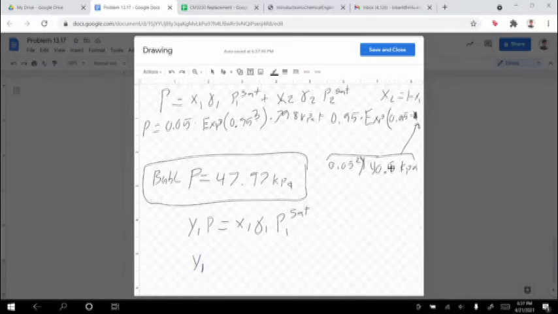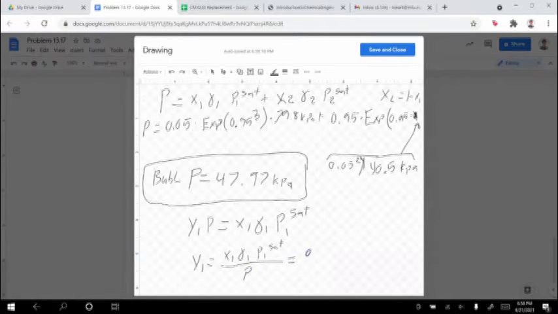So we would get this expression if we isolate the y1. Remember, this value right here is equal to this right up here. I'm not going to write it just to save space. And then P is this right here. We're going to plug that in.